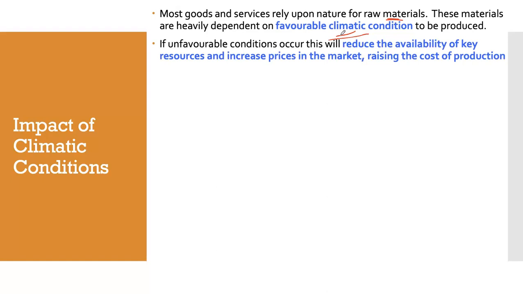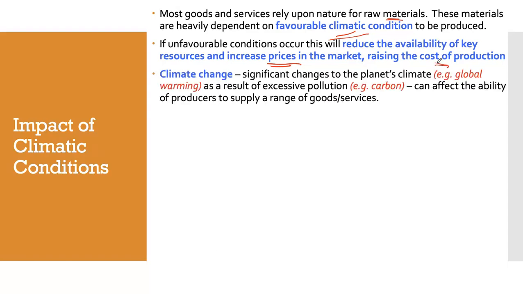So if an unfavourable condition occurs in nature, this will reduce the availability of key resources. And if there's less availability, the price of those resources will go up significantly. This will raise the cost of production and impact the amount that suppliers are willing to supply.